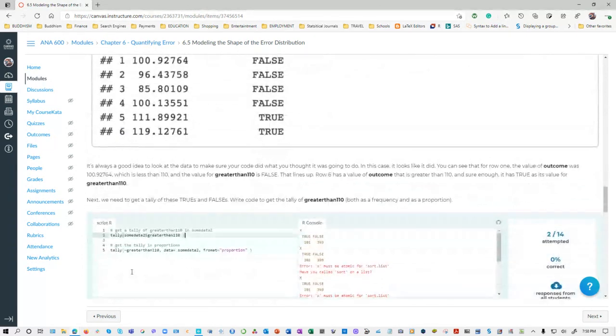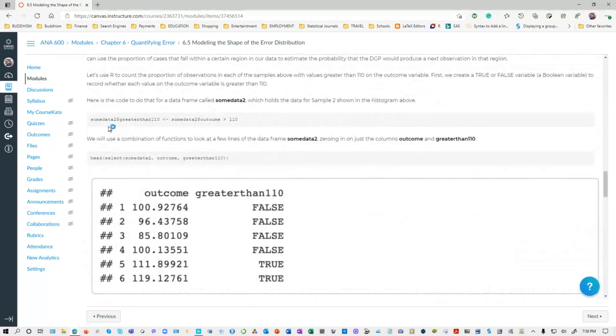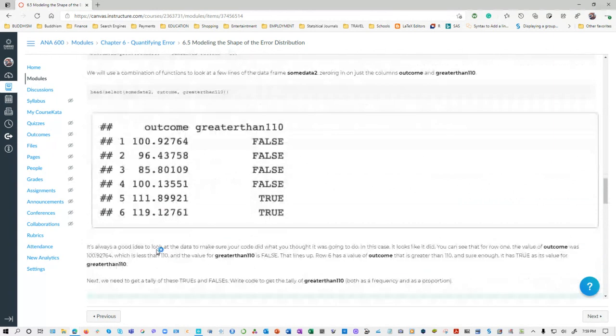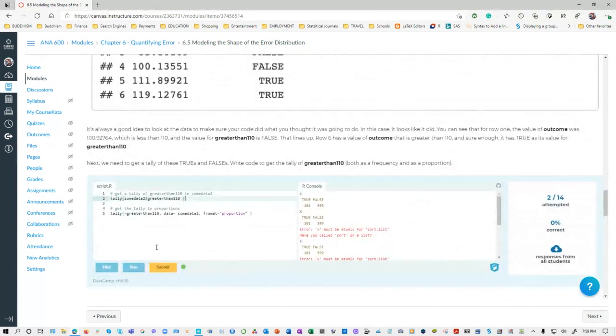Oh, okay. The original one, they have to go to. No, let me see. They call this one, see, greater than this one. See, some data, select some data, outcome. Not the outcome. We need the tally in proportion. You see, tally greater than 110 in some data 2.